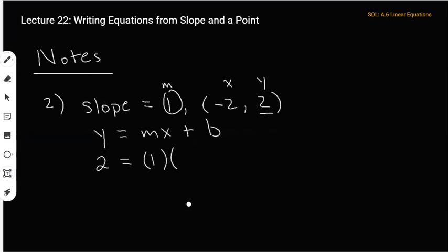I'll put parentheses around that. And then the x is going to be -2 from this x value right here. And then plus b. Now, since I don't know what b is yet, I'm going to have to leave it as a variable for now.